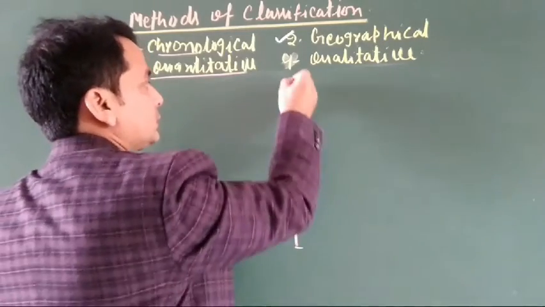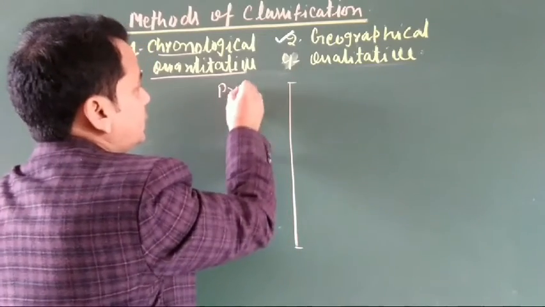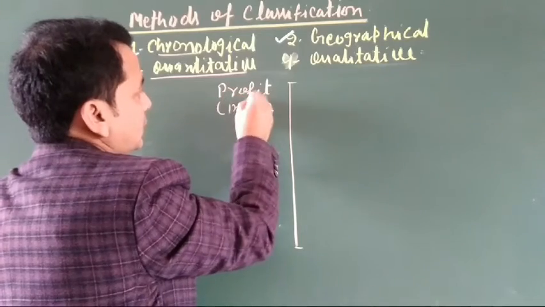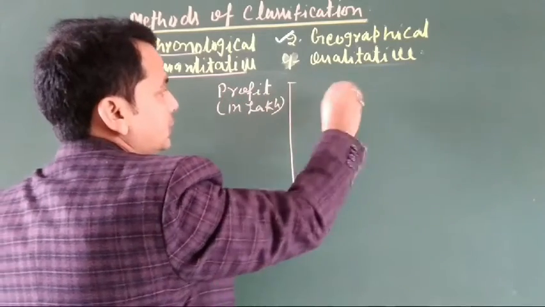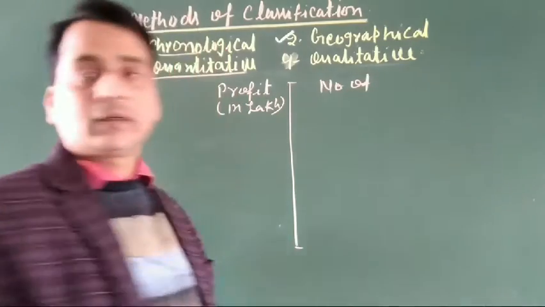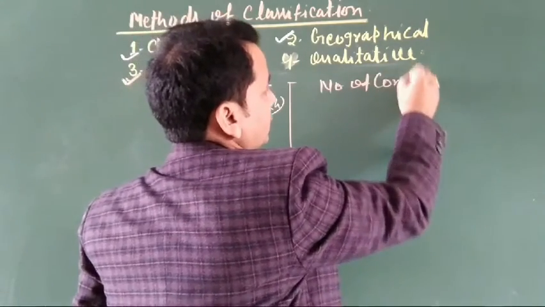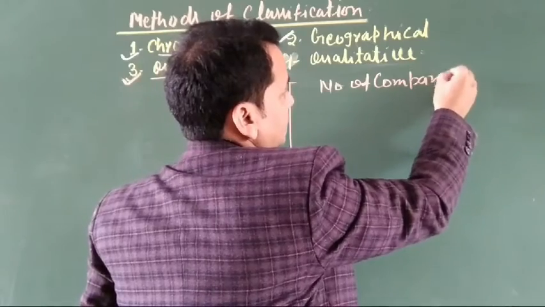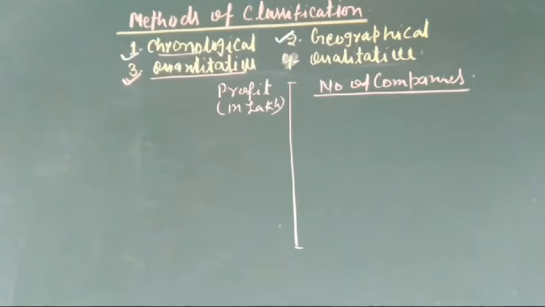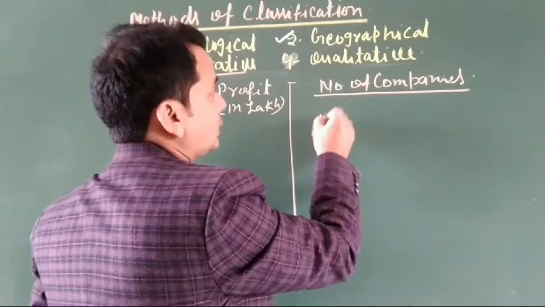There is the profit in lakhs, and on the other hand, the number of companies. Suppose 140 companies.